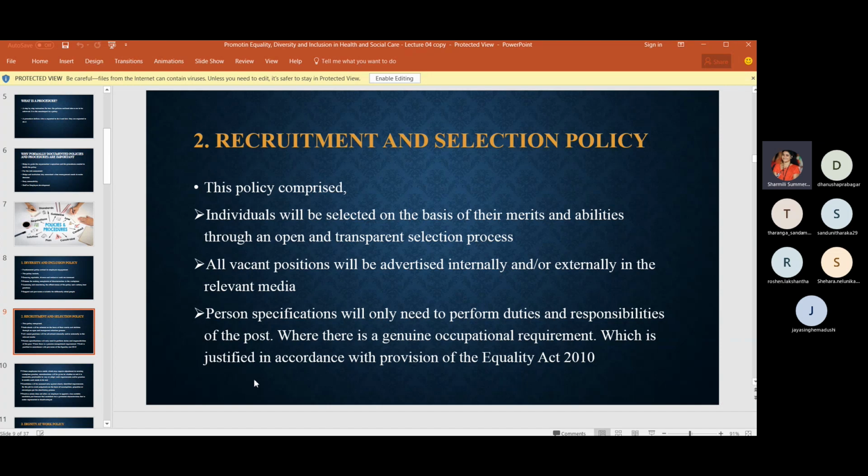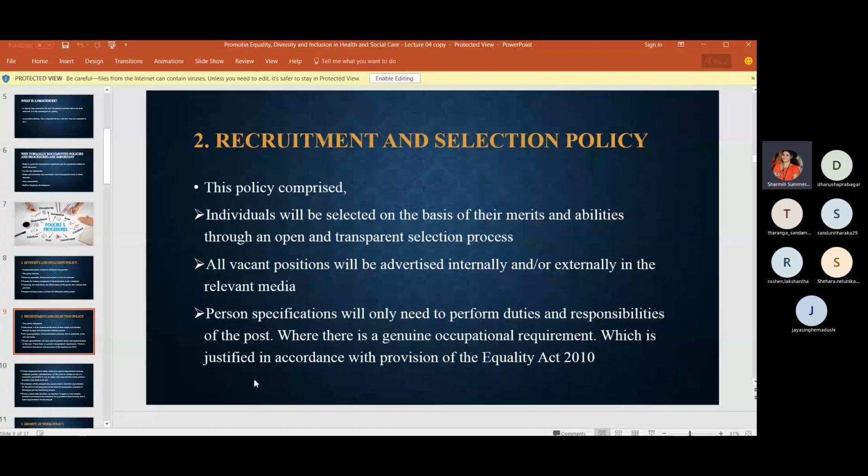In that situation, the employer is not seeing the abilities and qualities of the candidates, only focusing on the recommendation. Still, these kinds of discriminative activities are going on. So to resolve all these discriminative activities, this recruitment and selection policy is held. We'll see what the components of this policy are.